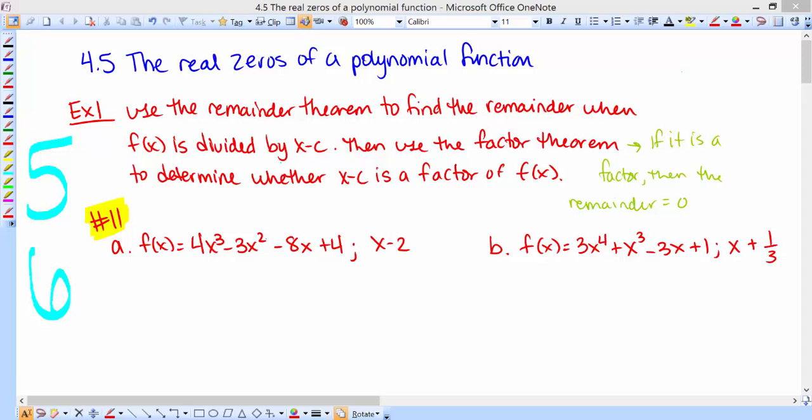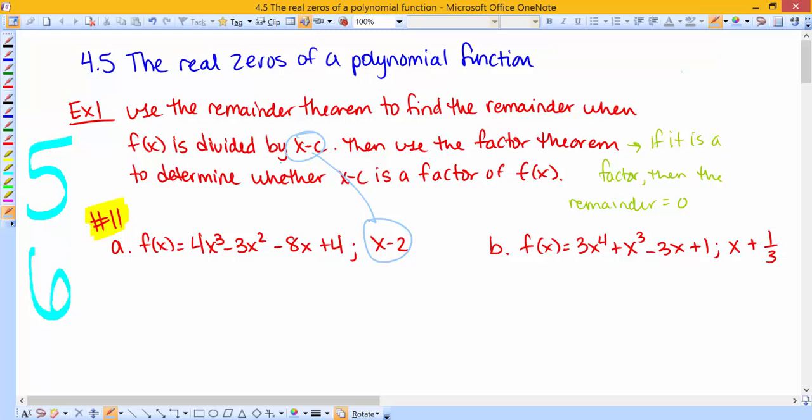So in example 1, use the remainder theorem to find the remainder when f of x is divided by x minus c. Let me change my color so I'm not using red. Let's use pale blue. So x minus c is the factor that you are given. So we're going to divide by that, but I'm finally going to show you guys synthetic division, not long division.